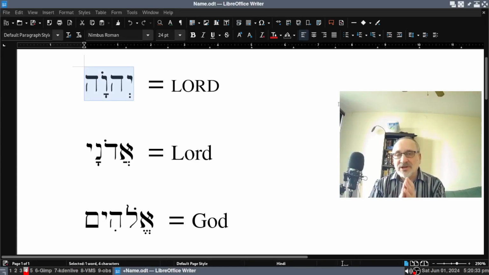And the pronunciation of it has been lost because, like I said, in the manuscripts there's no vowels. And for probably 1900 years or 1800 years, Hebrew was a dead language. What I mean by that is that Hebrew was not a spoken language for many, many years, because the Jews were kicked out of Israel in 70 AD, and they were scattered throughout the world.